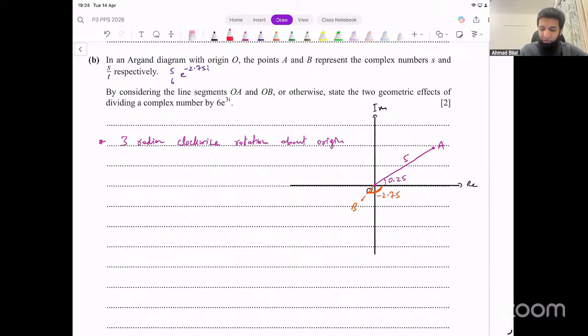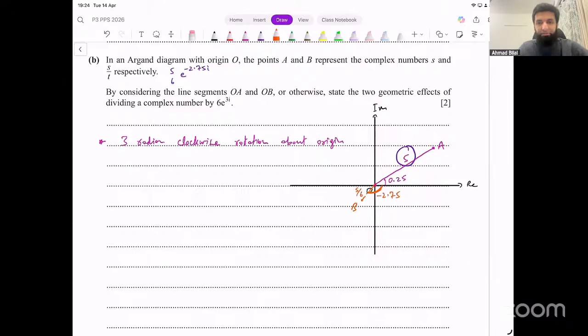In stretch, we talk about distance from a line. This is distance from origin, distance from a single point. Initially, the distance from origin was 5 units. Now it has become 5 over 6 units from origin. Distance from a point, that comes from enlargement.